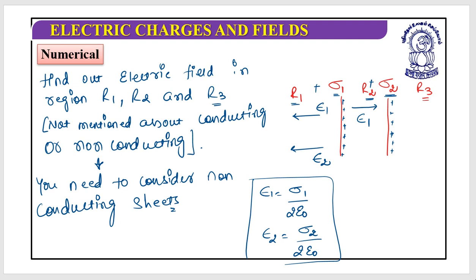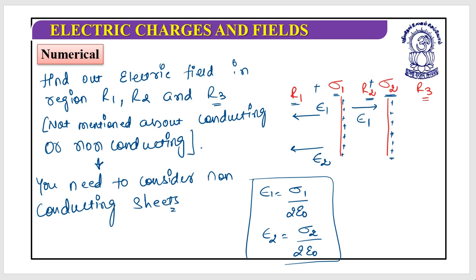You need to consider your body as a thin non-conducting infinite sheet. This is a case of non-conducting sheets. So you need to consider a direction such that electric field lines are moving outside the body if your body is having positive charges, and electric field lines should be moving inwards if charges are negative.